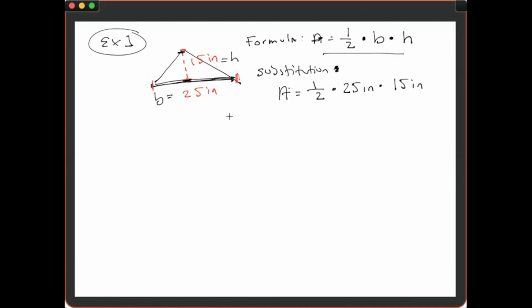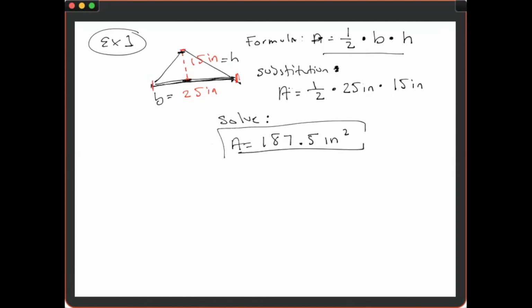Now all we need to do is solve. We'll put here A equals, well, you can go 1/2 times 25, and whatever you get from there, you multiply by 15, and your answer should be 187.5 inches squared. Okay, so this is your answer.